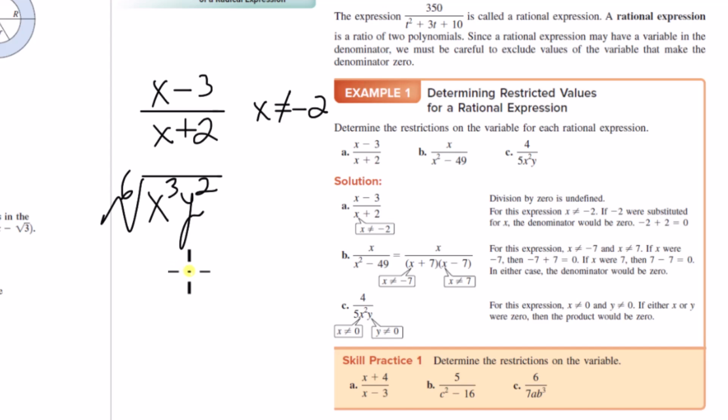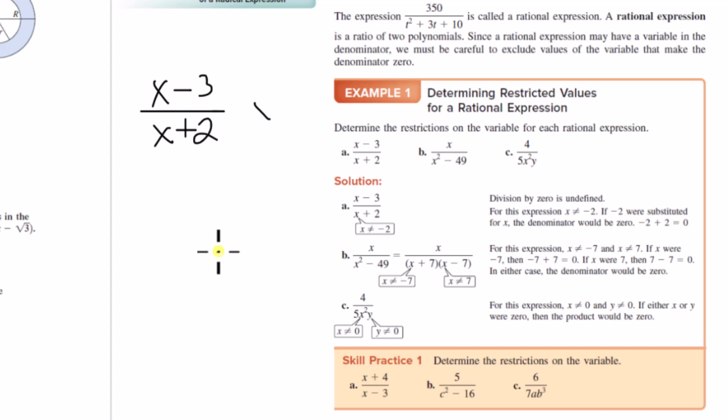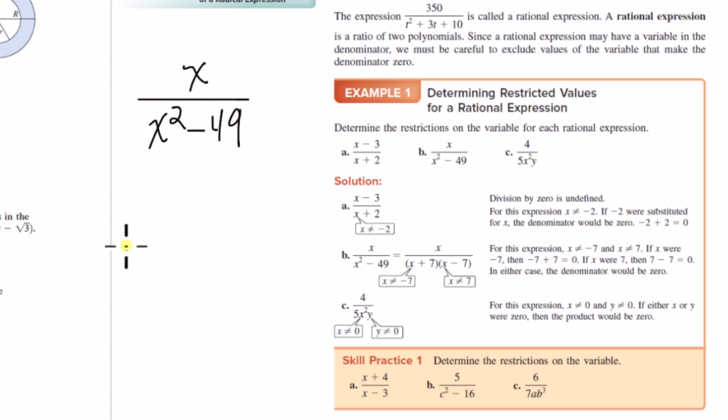The solutions are just real solutions, etc. Then in this case, x can't be negative because you can't have a negative under an even index radical.